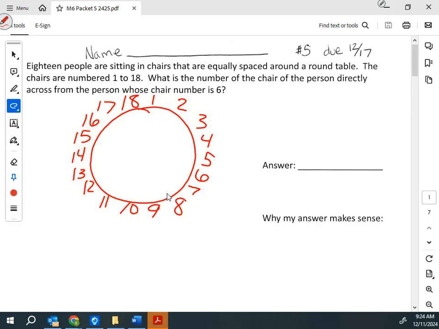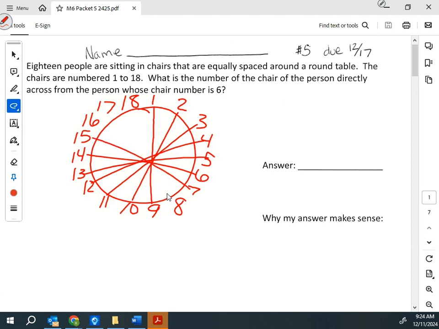So I'm going to look at this and say, oh, kind of looks like 1 goes across from 9. I need to match them all up to see if I did not match them up correctly. I got to 8, and 9's already matched up. I can't have 17 and 18 right next to each other.